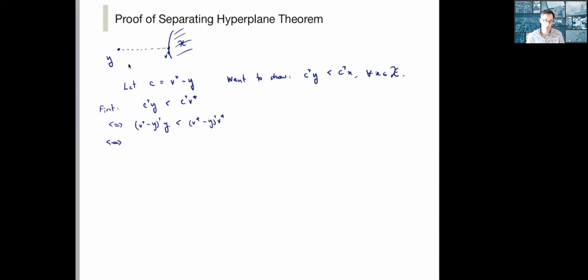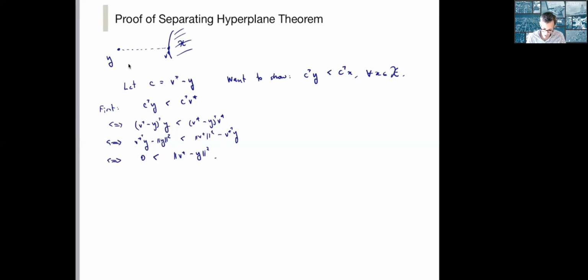This is in turn equivalent to expanding this out: v star transpose y minus the Euclidean norm of y squared being less than the Euclidean norm of v star squared minus v star transpose y. Now I'm just going to bring everything onto the right-hand side and form the square. This is exactly equivalent to 0 being strictly less than v star minus y squared, which indeed holds because we assumed that y is not in x, and hence v star minus y is strictly positive.